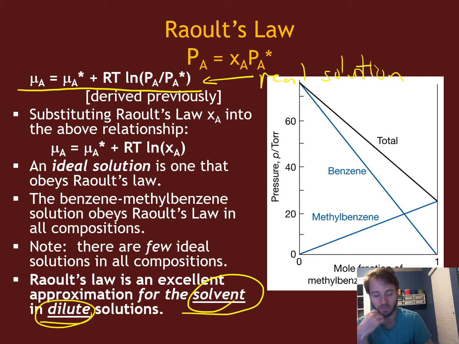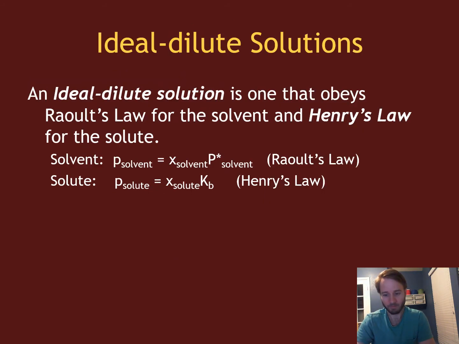If we assume the mole fraction of our solute is very, very small, then Raoult's law holds pretty well for the solvent. We'll talk a lot more about ideal dilute solutions. An ideal dilute solution is a solution in which the solvent obeys Raoult's law and the solute obeys Henry's law. That is the definition of an ideal dilute solution.